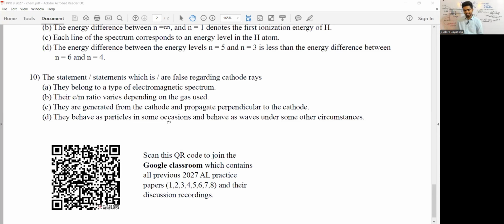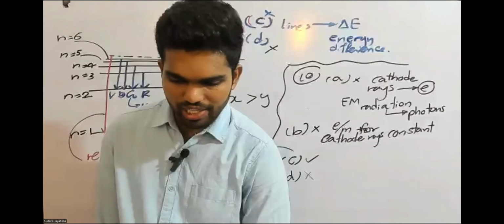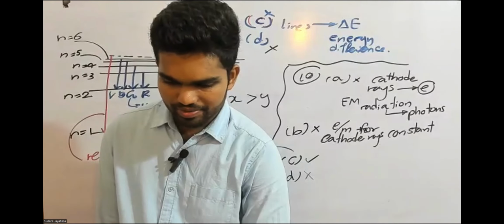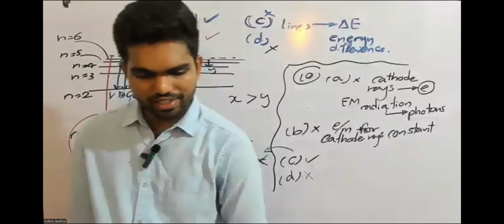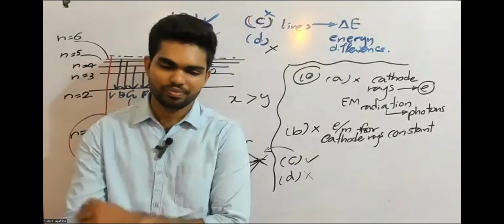That's wrong, no? Not on some occasions. Always it is behaving like a wave and always it is behaving like a particle. Is that clear now? So that statement is false.